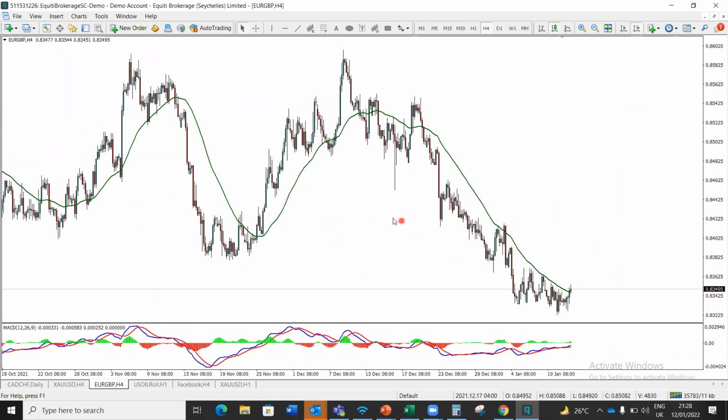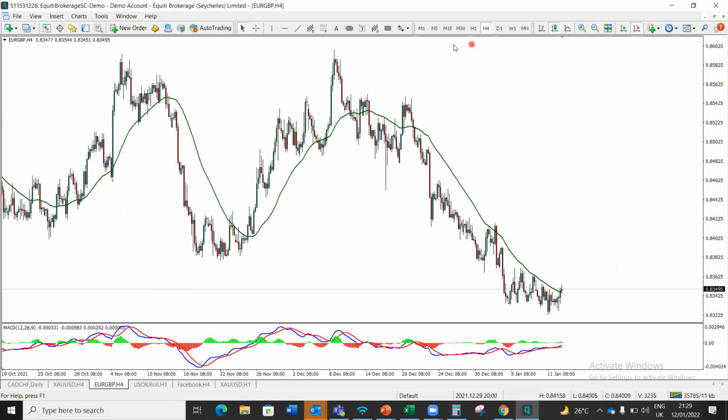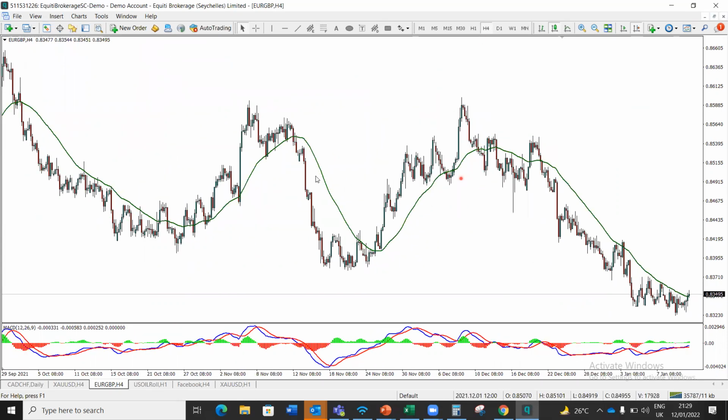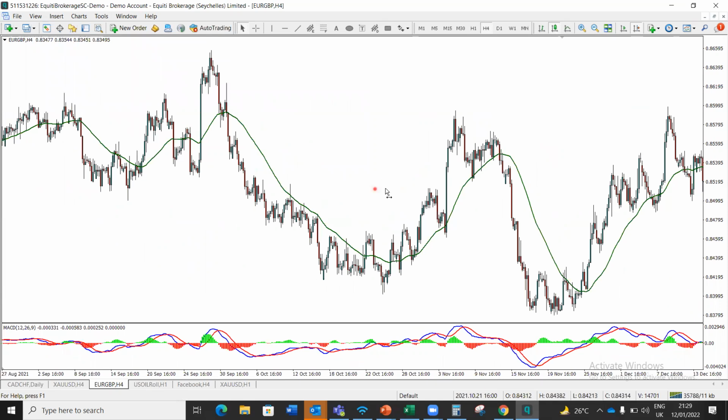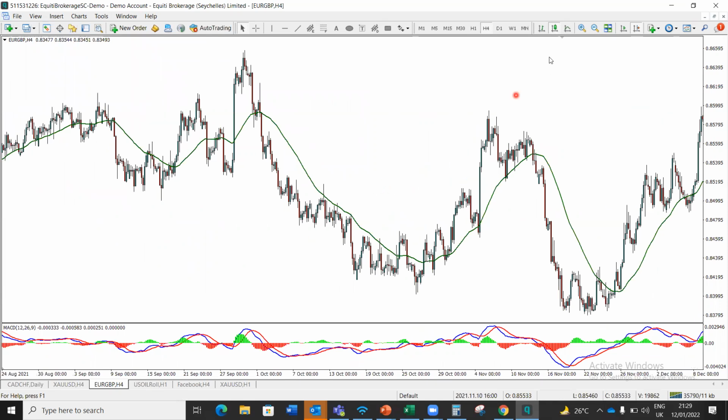Beautiful, beautiful. So notice how opportunities were created whenever the market touched the moving average. This is a dynamic support. This is a dynamic support. This is a dynamic resistance.